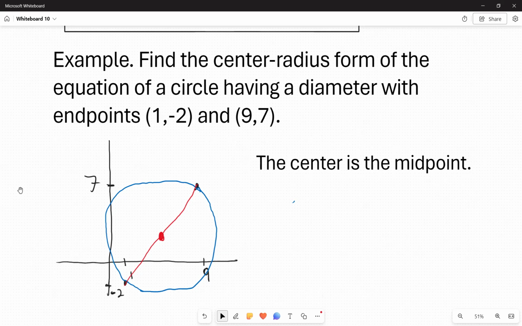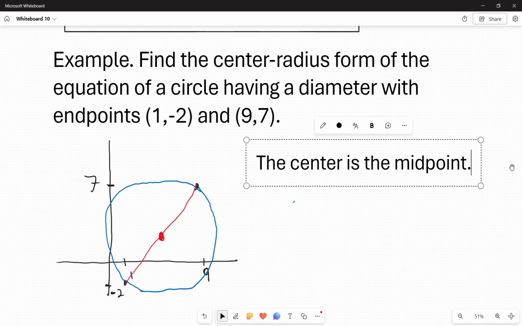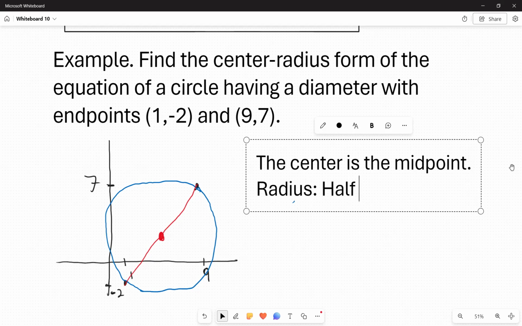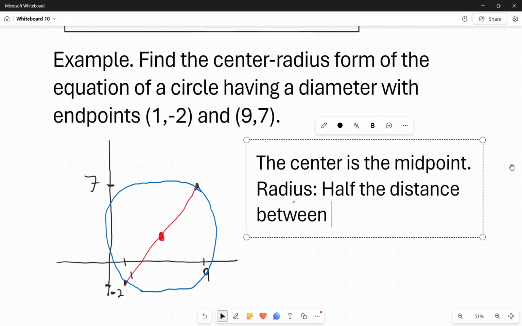So we can do it two ways. We can find the midpoint, but in case the midpoint has a fraction, we can find the distance between the endpoints of the diameter and then divide by 2, and that's going to be the radius. So to find the radius, it's half the diameter or half the distance between the given points.